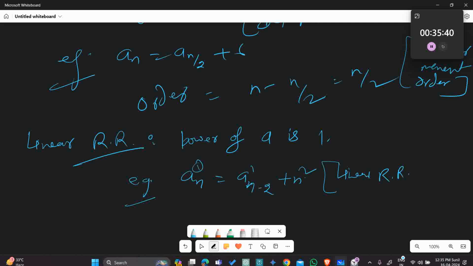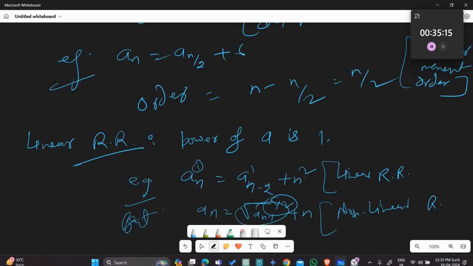But let's say we have the example a of n is equal to square root of a of n minus 1 plus n. So here the power is 1 by 2, alright? So this is a non-linear recurrence.